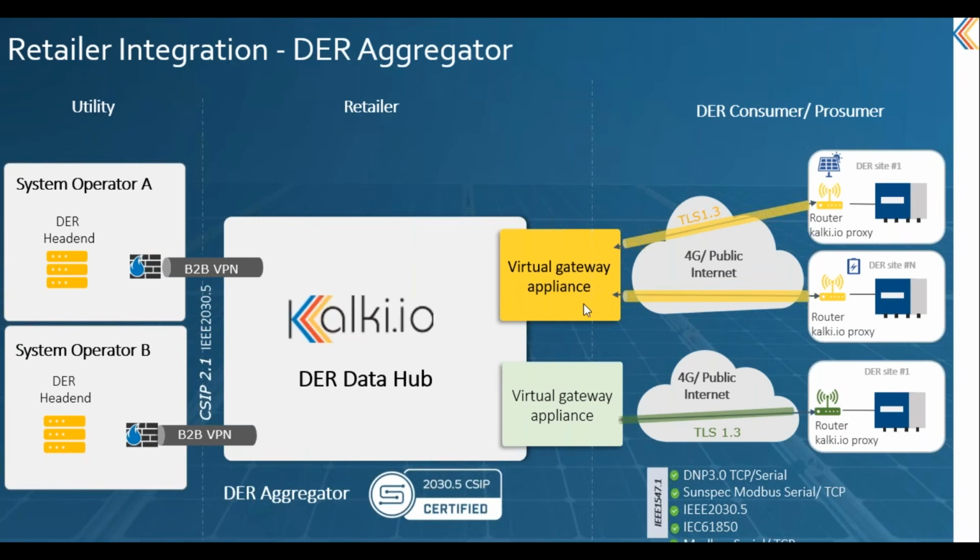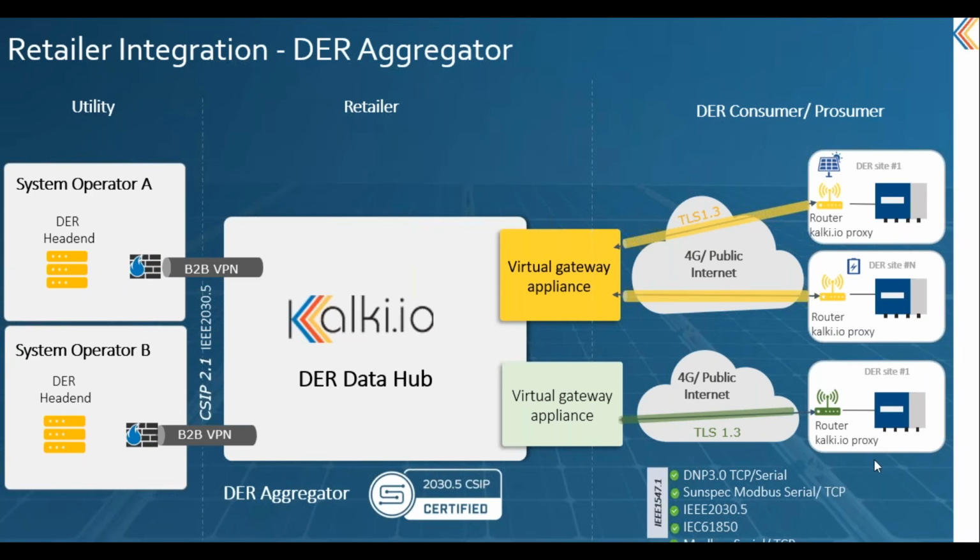The virtual gateway appliance will communicate with the DR assets on different protocols like DNP3, Modbus, SunSpec, or any customer proprietary protocol through the customer dedicated VPN, or it could be customer internet with a TLS 1.3 tunnel with the aggregator server.